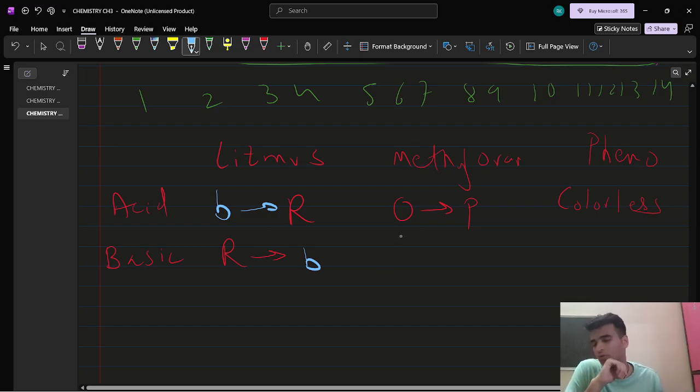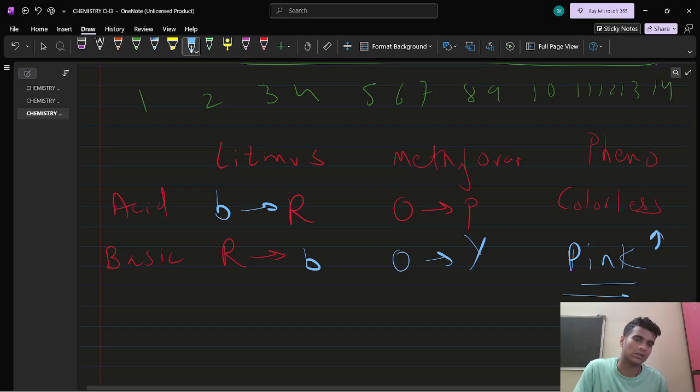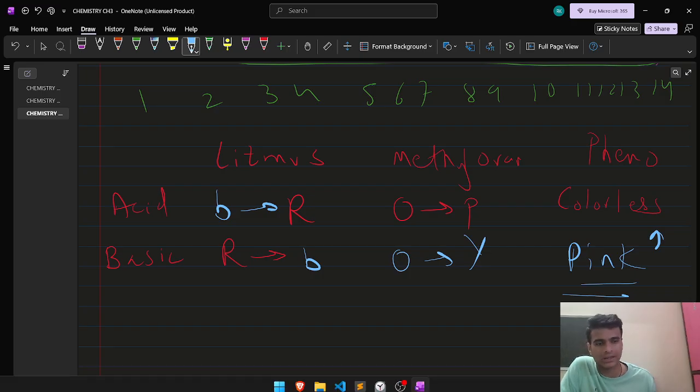Methyl orange will turn from orange to yellow, and phenolphthalein will turn pink. There is one more called alkaline phenol. यही है, ये जो है ना वही उस पे ही करते हैं वापस टेस्ट. इस पे if I add acid then it will again turn colorless. If I add base then it will remain pink only. Yes, so indicators का इतना ही था.